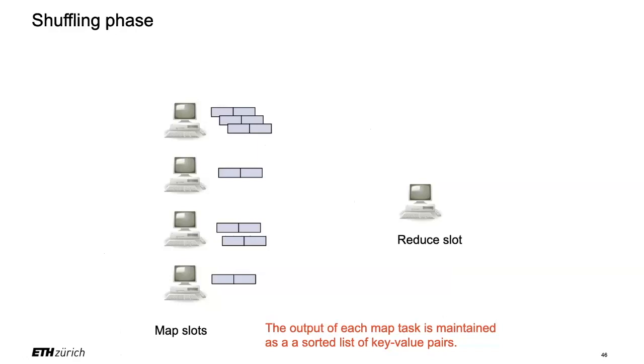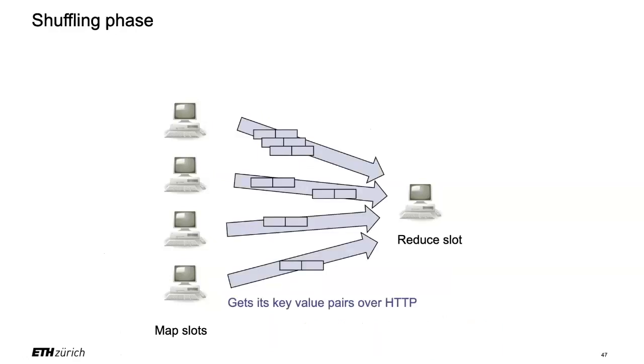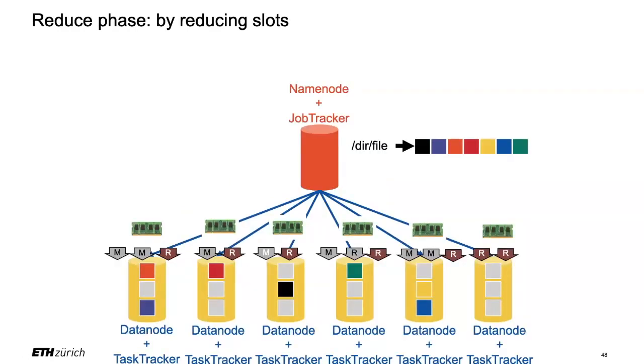And then it's going to download from every single machine in the cluster all the key values that correspond to the keys that reduce slot is in charge of, right? And then it can execute the reduce function on this. And this happens to be done over HTTP, the protocol. Okay? So then there's the reduce phase that is happening after the shuffling.